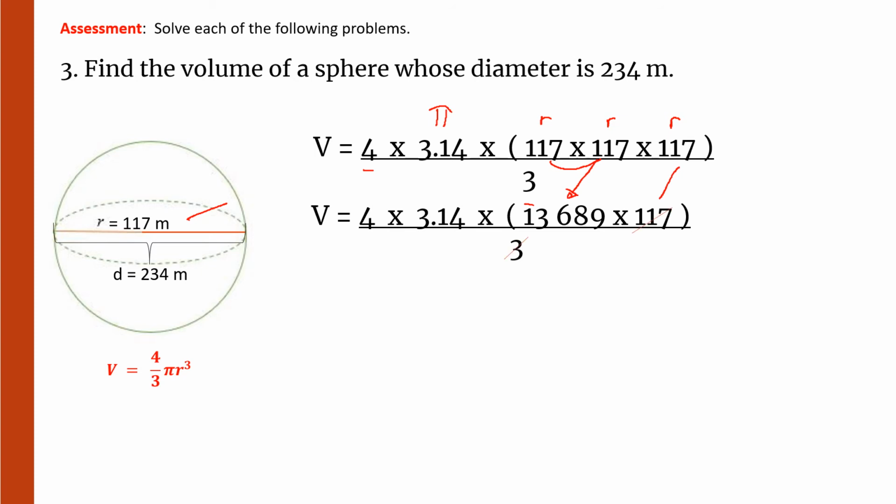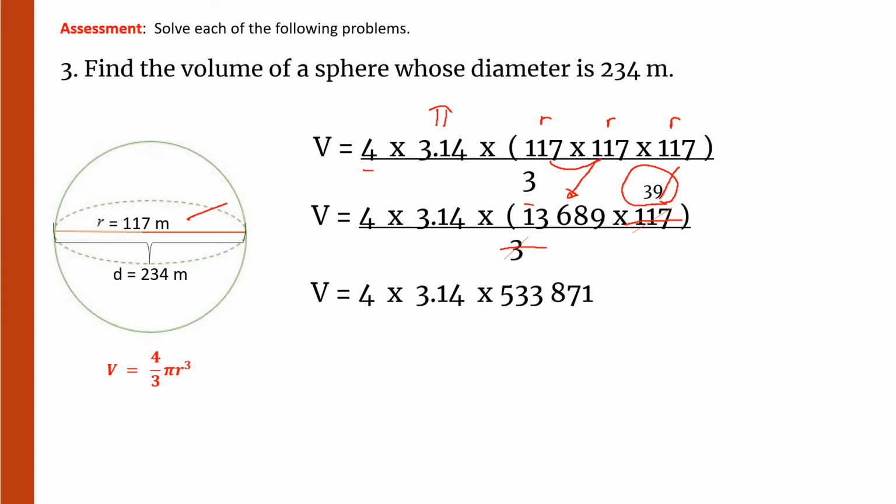Next we have, we can cancel 117 and 3 here by 3. That's why we have this number 39 here. Again, i-divide ang 117 and 3 kasi pwede silang i-divide by 3 para mamaya hindi na natin kinakailangang i-divide ang ating sagot do sa numerator by 3.